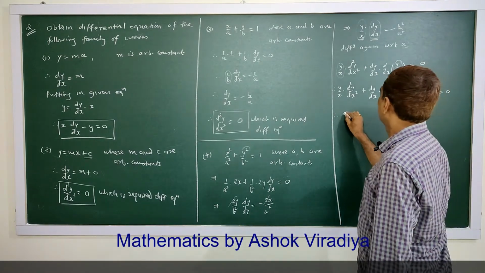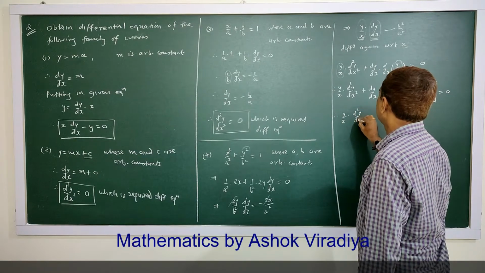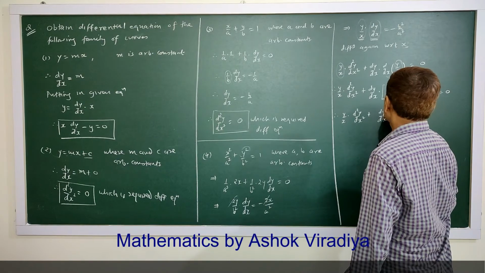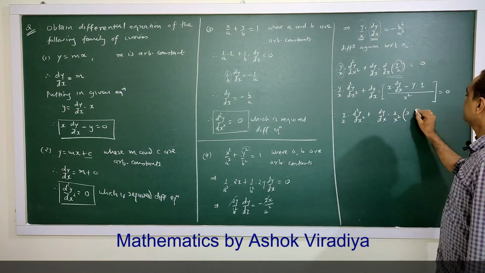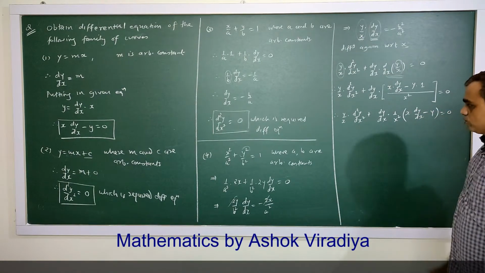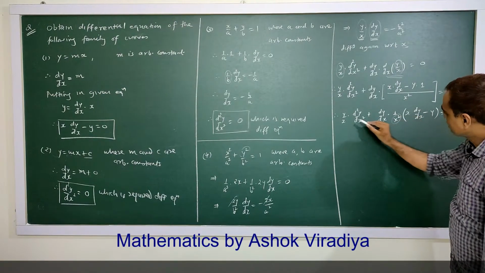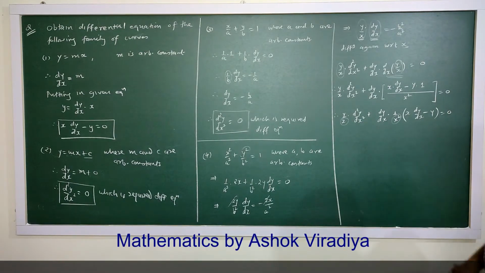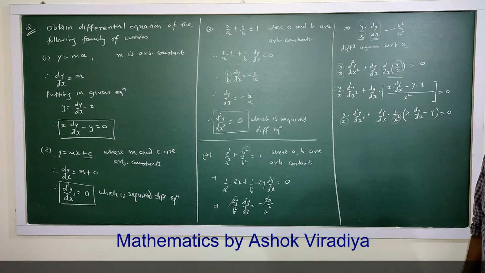Therefore, y by x d square y by dx square plus dy by dx into 1 by x square into x into dy by dx minus y is 0. Now look here, this is x square, this is x square. To remove this x and x square, we multiply this equation by x square.